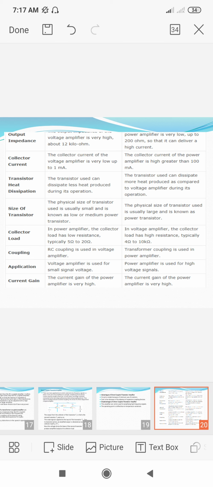Next is the size of the transistor. In the voltage amplifier, the physical size of the transistor used is usually small and is known as a low or medium power transistor. In the power amplifier, the physical size of the transistor used is usually large and known as a power transistor.